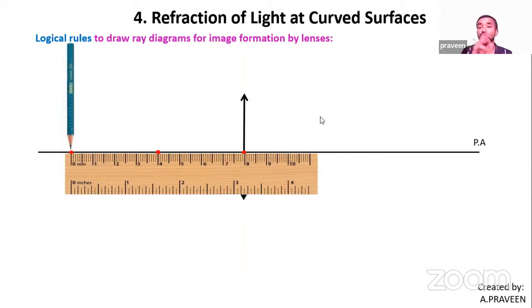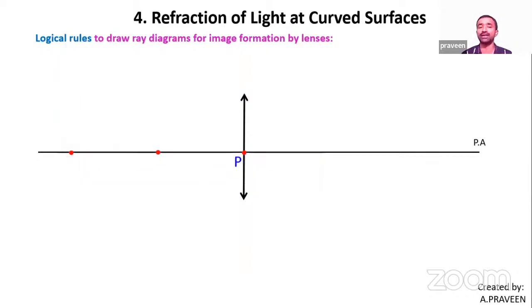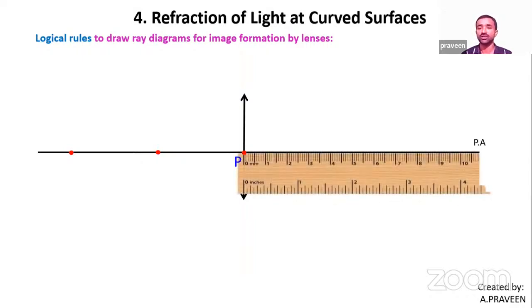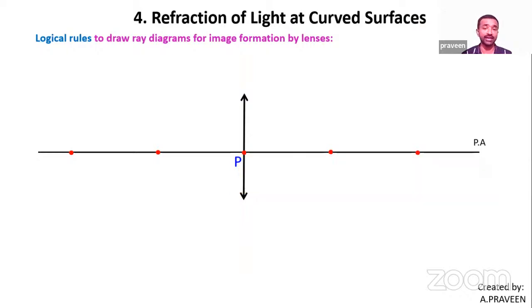That means pole to the center is 8 centimeters, so you are maintaining an equal gap. Then the right side is the same, 8 centimeters: 0 to 4, one point, and 4 to 8, one more point. So 2 points are obtained. Then remove your scale and name them respectively C1, C2, F1, F2.